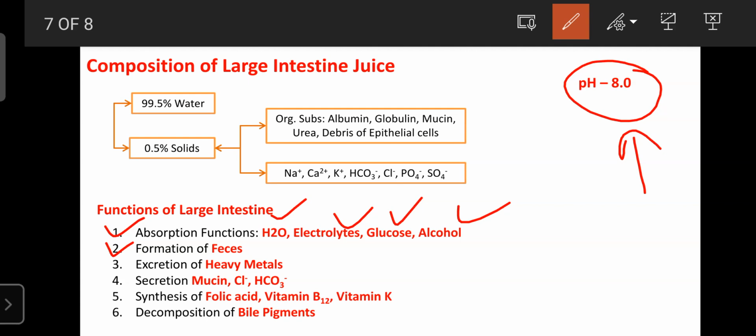It is also involved in the excretion of heavy metals present in plant food or our food, which are excreted with the help of the large intestine. It also secretes mucin, chloride, and bicarbonate, and synthesizes folic acid, vitamin B12, and vitamin K.